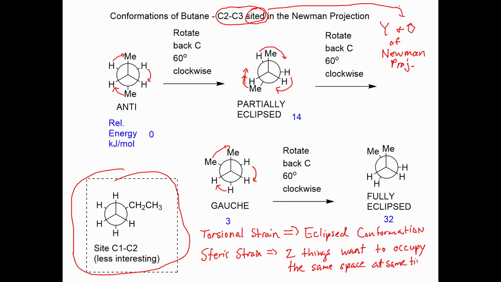In other words, this is when two things that are relatively large are bumping into each other. The larger entity in this case is the methyl group, which has an electron cloud.